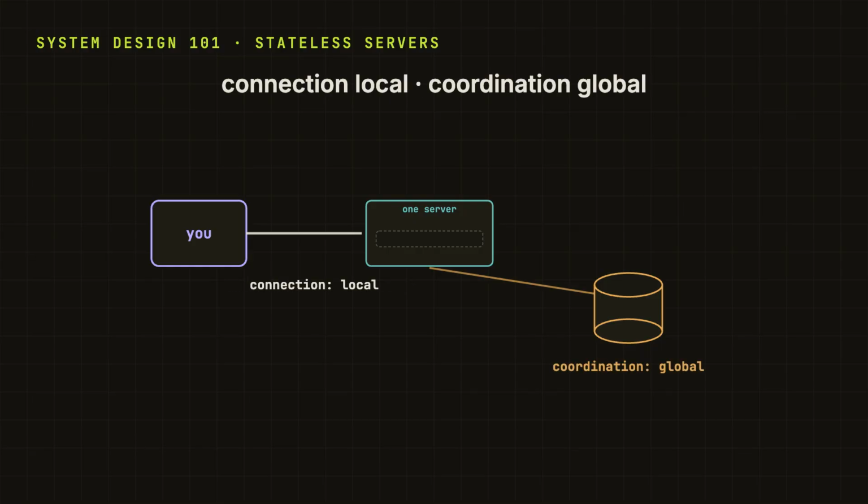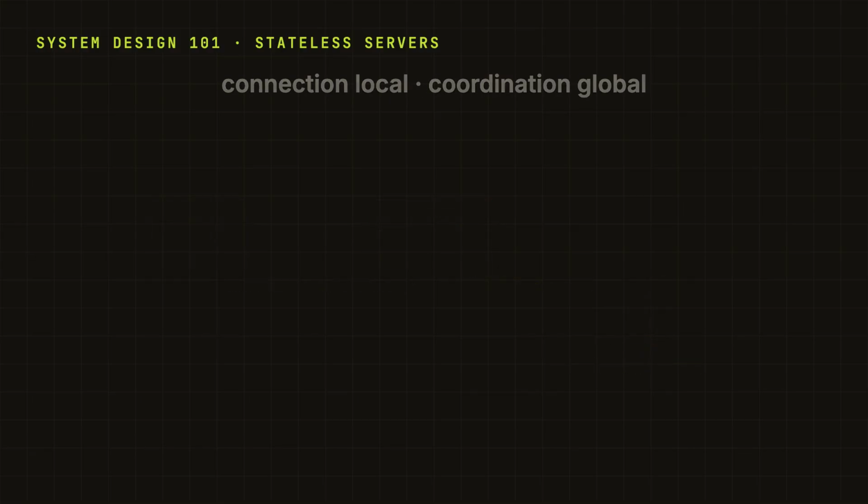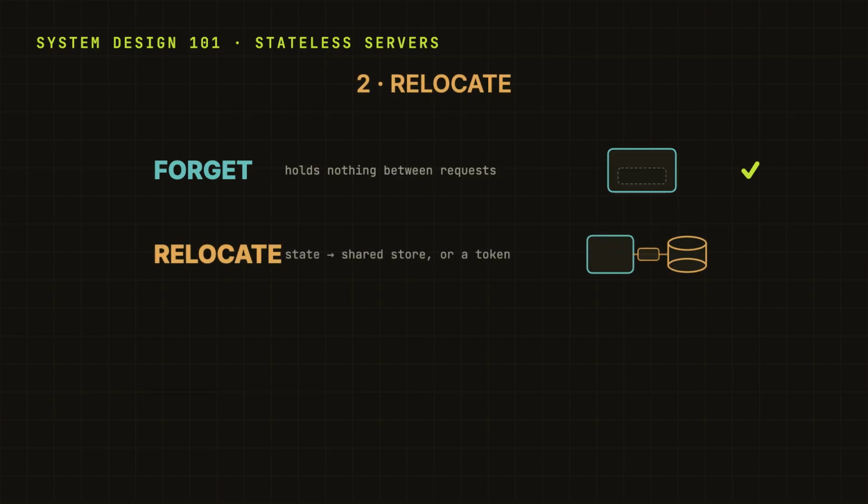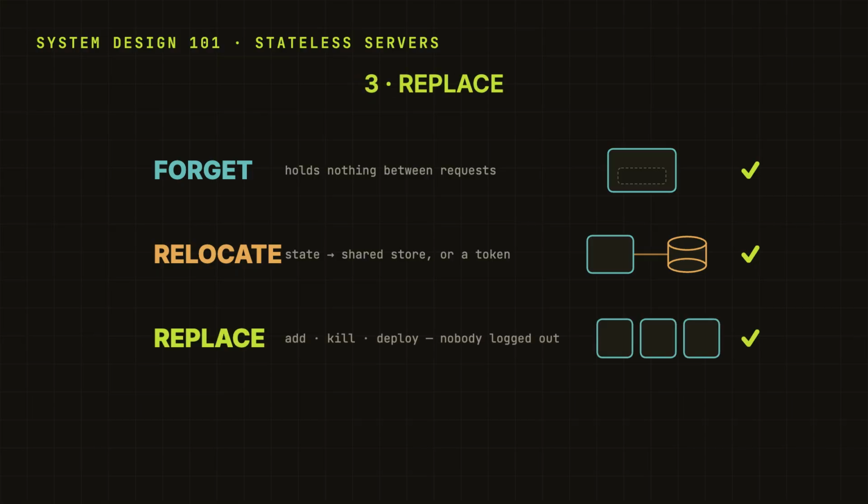Connection local, coordination global. But the core idea is just three moves. The server holds nothing about you between requests. So the state has to relocate out to a shared store or into a signed token you carry. And once it is out, every server becomes replaceable. Add one, kill one, deploy over one, and nobody gets locked out.